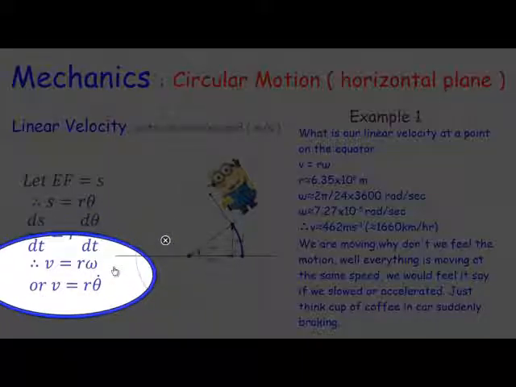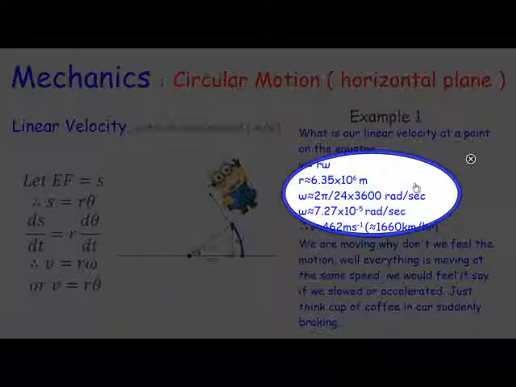So we can see here v, the linear velocity, is r omega, or r theta dot. This is the instantaneous linear velocity. If omega is constant, then the instantaneous linear velocity will be constant. We just say that the speed is constant if it's traveling in uniform circular motion.